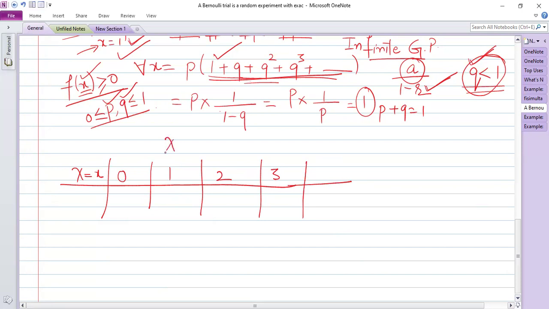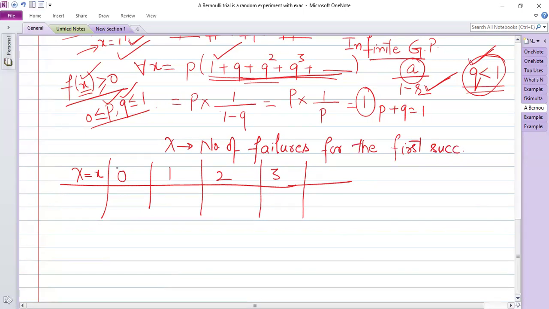Because now, what is x? It is the number of failures for the first success.